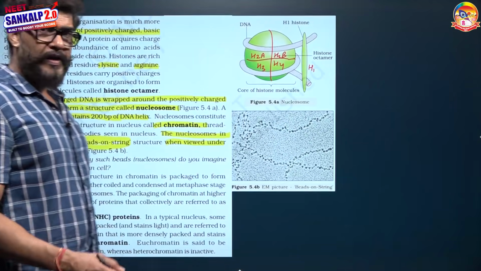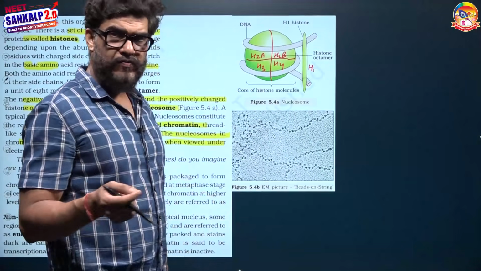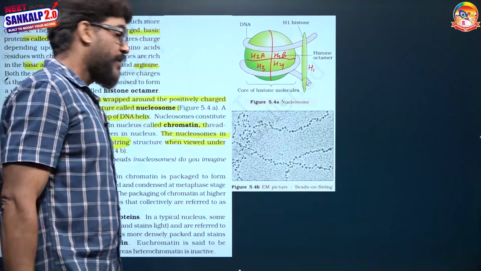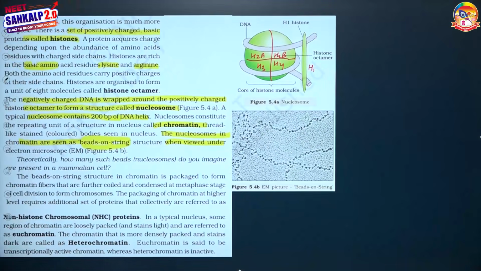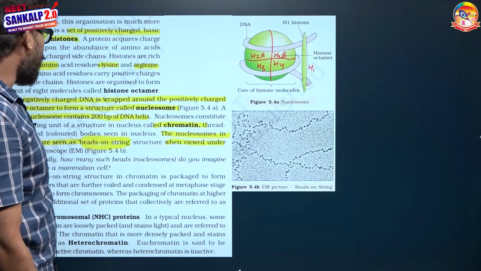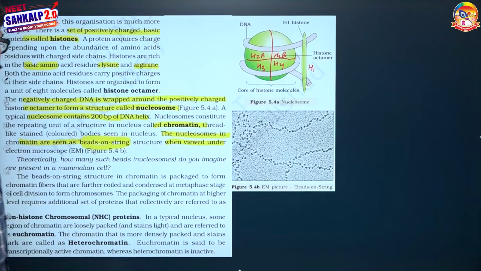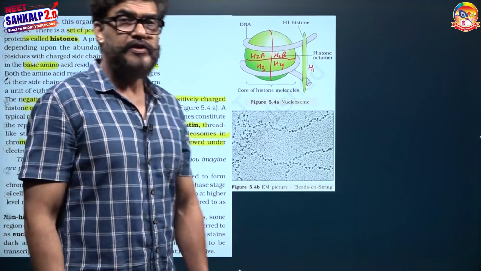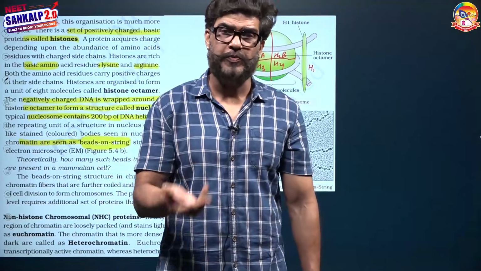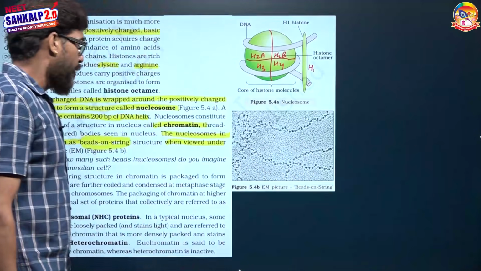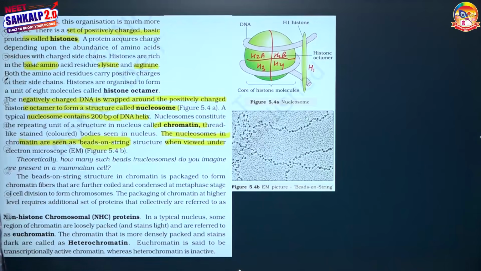Each nucleosome is the bead, and the rest of the DNA is the linker DNA. Theoretically, how many such beads do you imagine in a mammalian cell? We know 6.6 into 10 to the power 9 base pair divided by 200 base pair would be the approximate number of nucleosomes present.